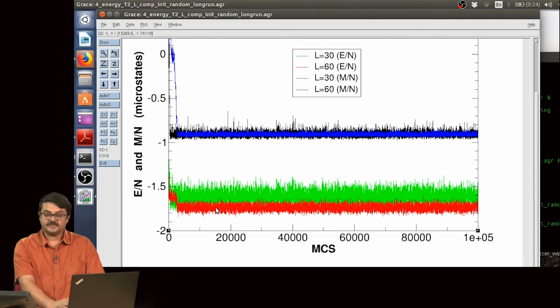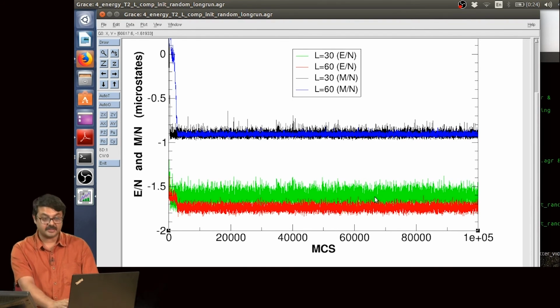For the energy, we see that for the green, L equal to 30, the fluctuation is about a mean, up to 1 lakh MCS, of around 1.6, and for the bigger lattice size L equal to 60, which is this red data, it is fluctuating around say 1.7 or 1.75.